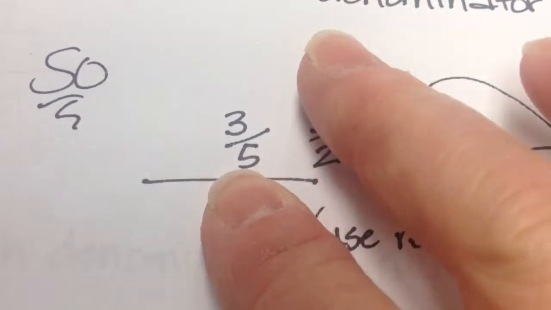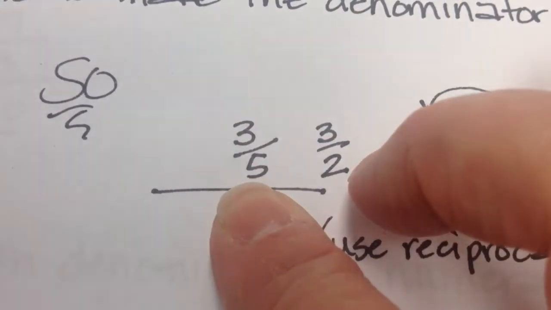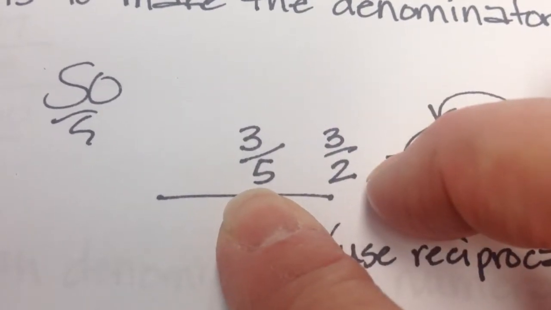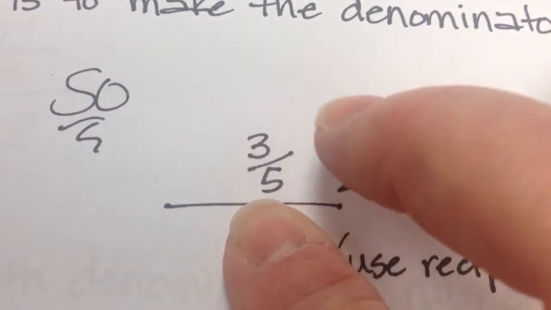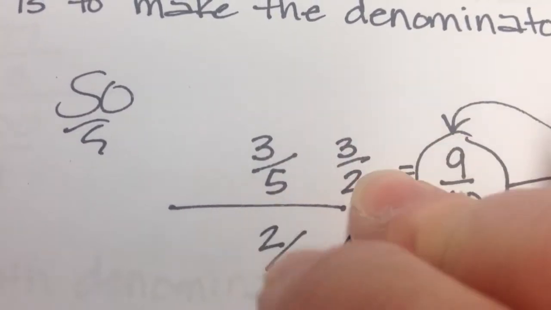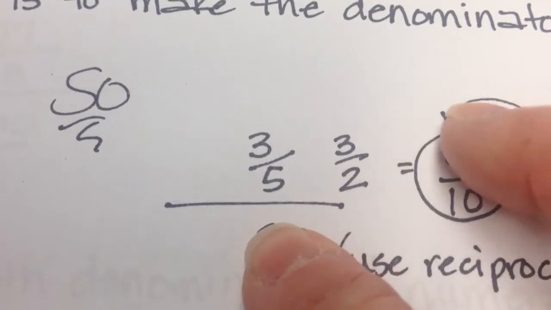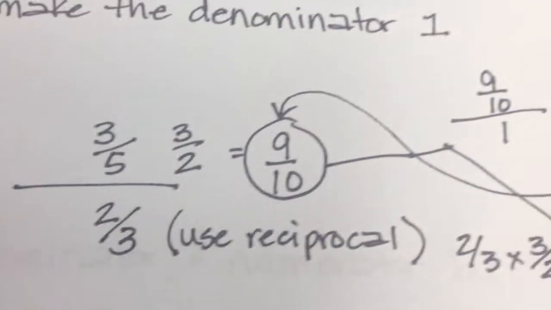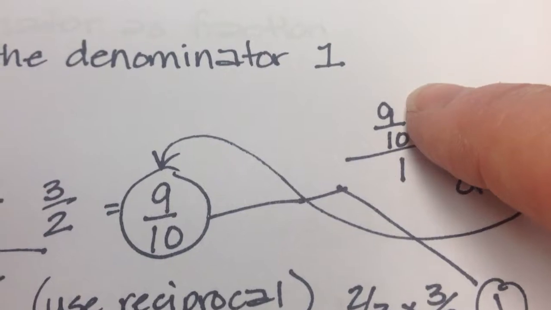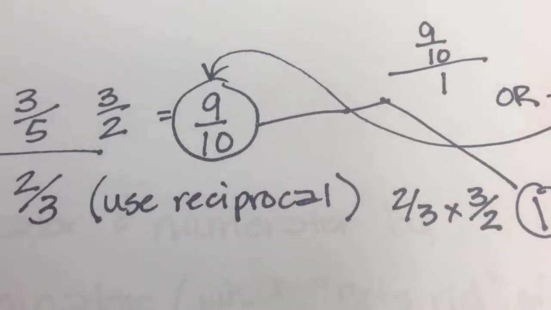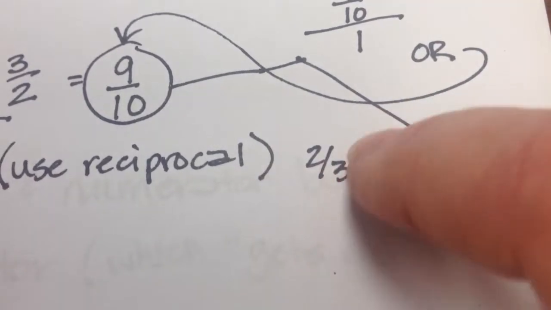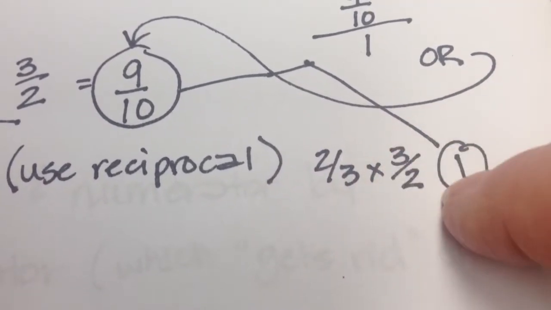So now my answer is going to be either a whole number or a single, not complex, fraction. But whatever I do to this side, I have to do to this side. So I'm going to take 3/5 times 3 over 2, because that was the reciprocal, and I get 9 over 10. Or you could think of it as 9/10 over 1, but that's really just 9 over 10, because 2/3 times 3 over 2 equals 1.